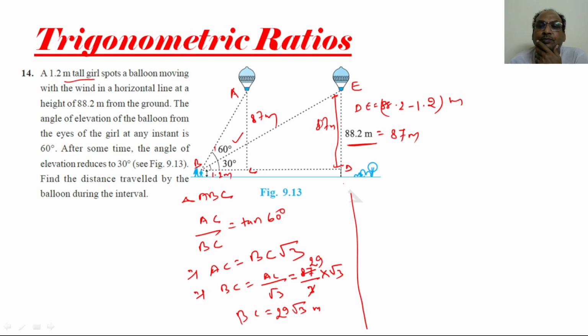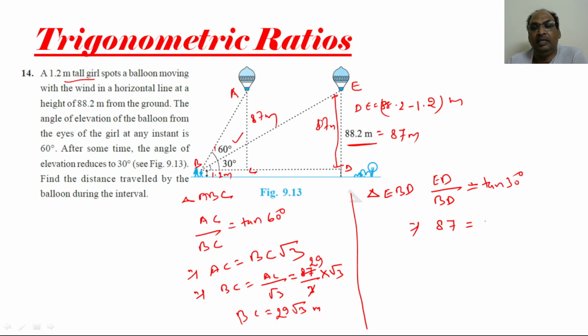Next one, in triangle EBD. So ED by BD is equal to tan 30 degree. ED already given 87 is equal to BD.